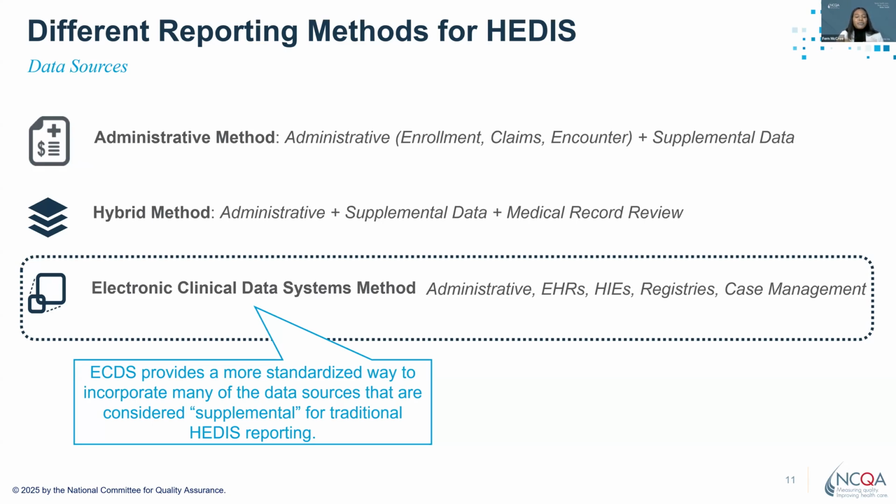Also, information pulled from a medical record review, the medical record review process can still be incorporated for administrative and ECDS reporting. So the point is, going from one method to another may not actually change the sources that are used, just the ways that they're incorporated into reporting and the ways in which the measure is calculated. I'm going to get into some of those differences on the next slide.